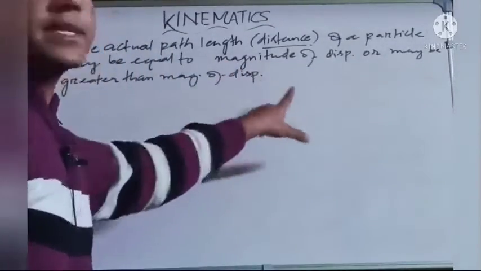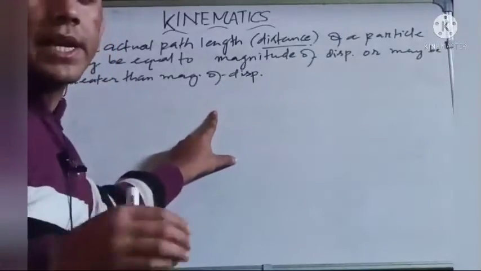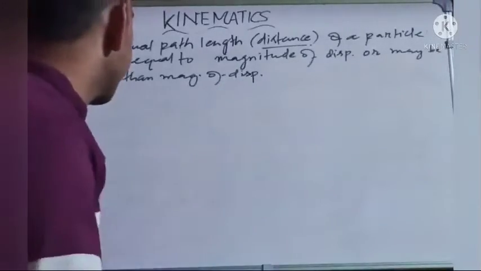The actual path length, that is distance, can never be less than the magnitude of displacement.